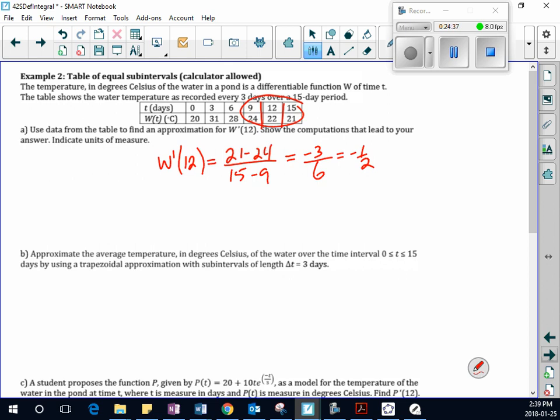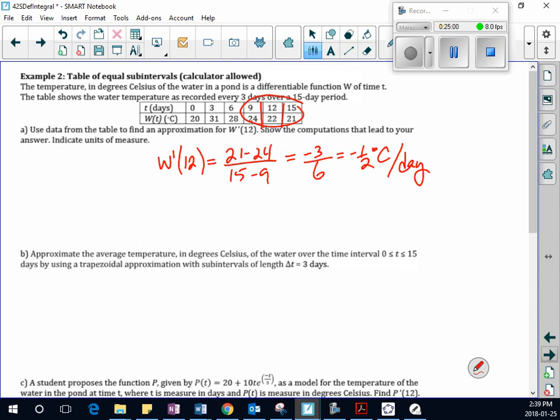What would that be? You guys, it has units right here. What did I have? Yeah, but what's on top? Not days. Celsius. Degrees Celsius per day.